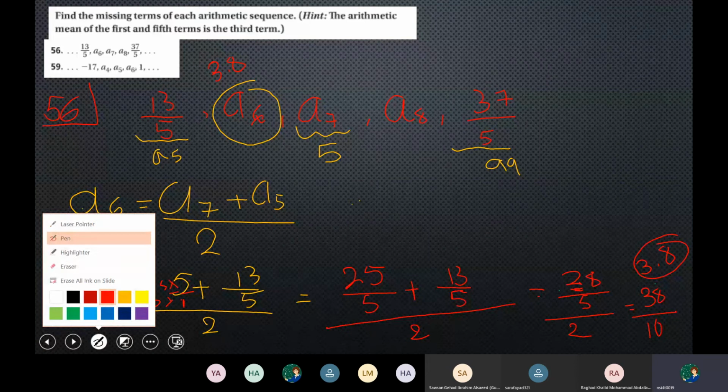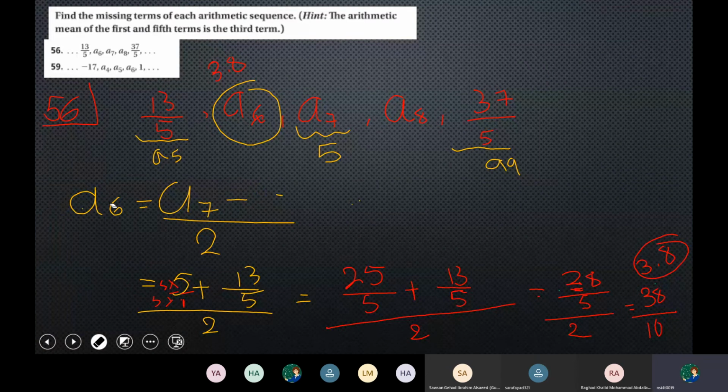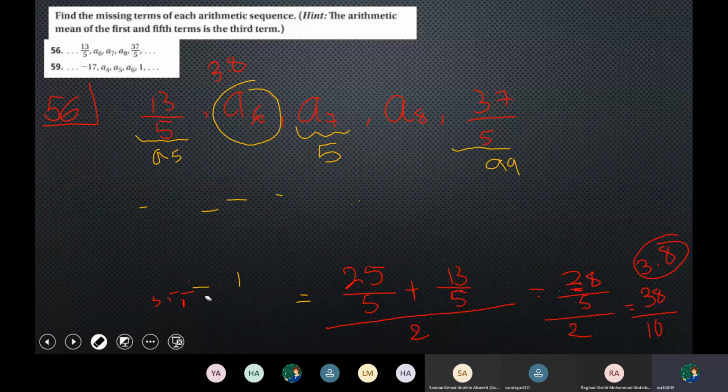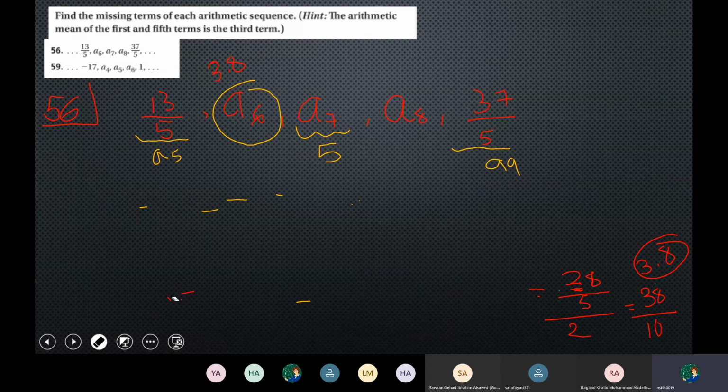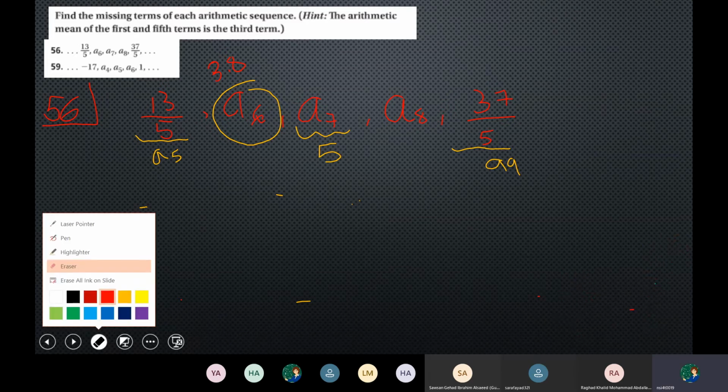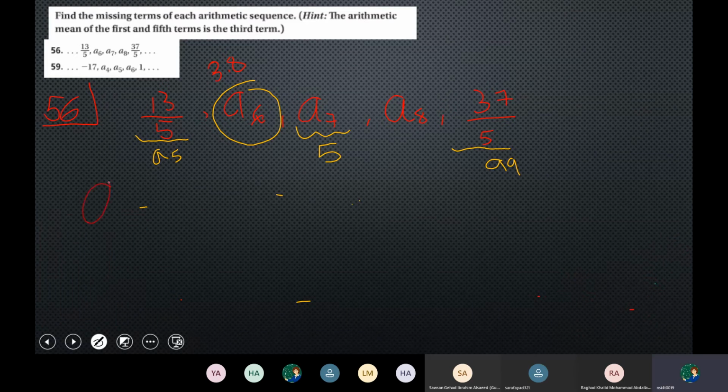Now, a sub 8. A sub 8 now is a sub 9 plus a sub 7 over 2.